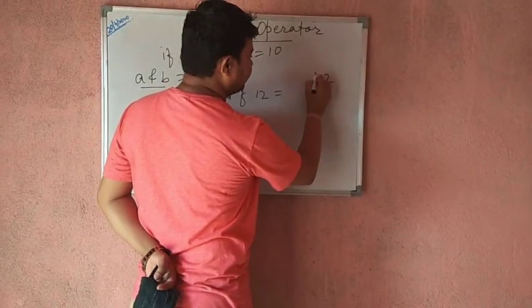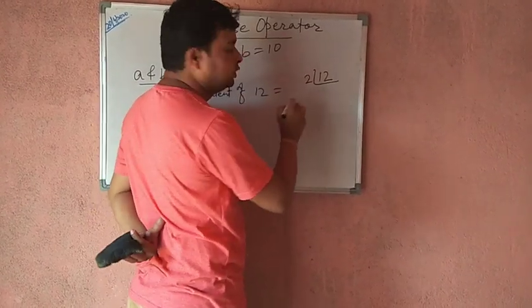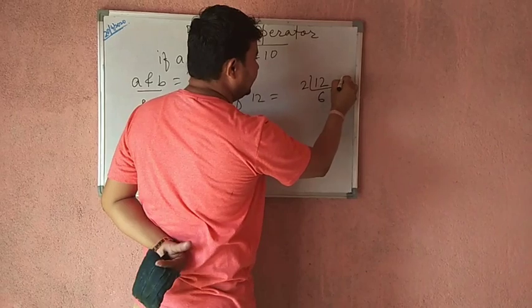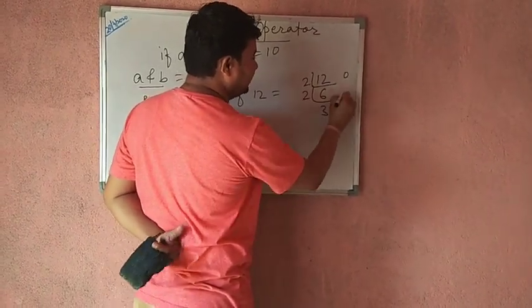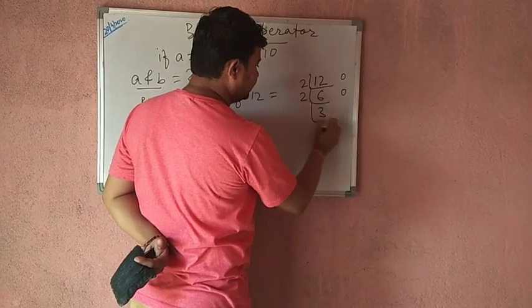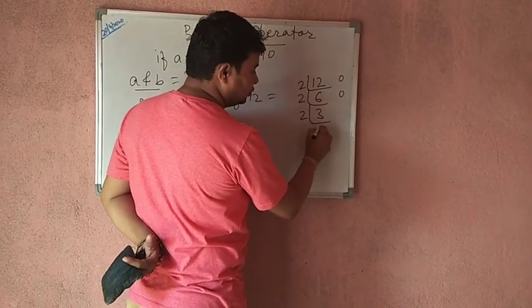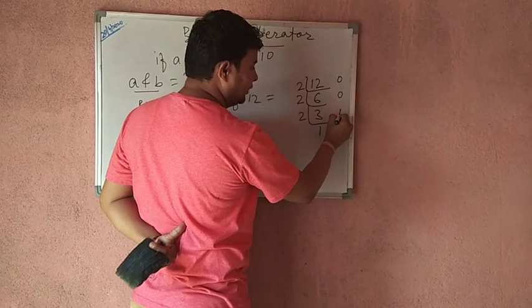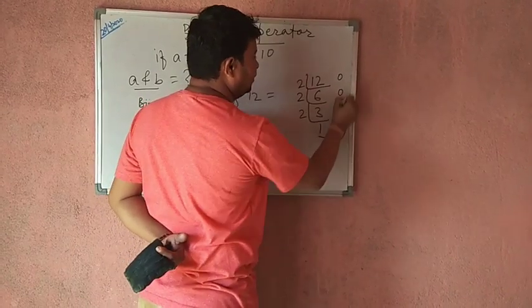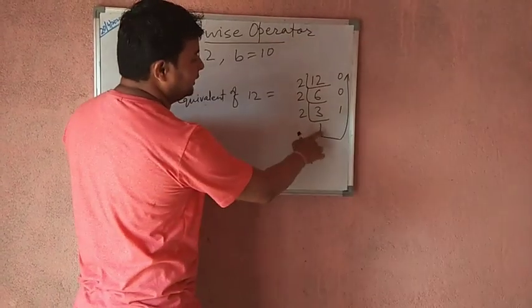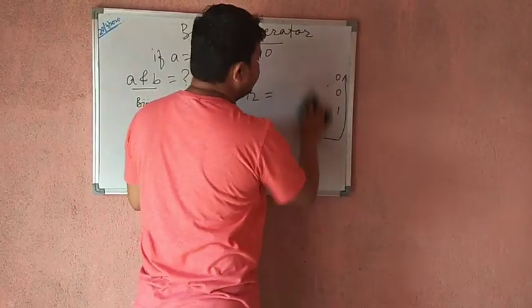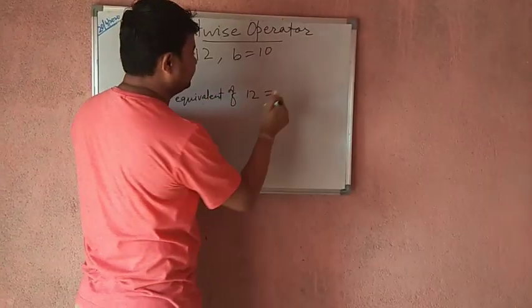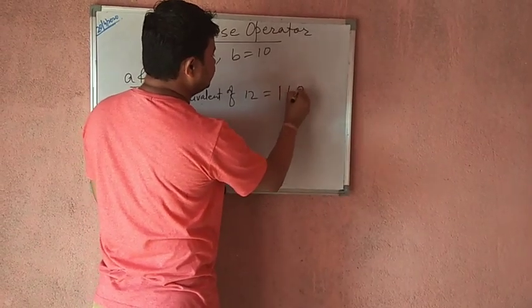Let me tell you. 12 divided by 2. 2 6s are 12, remainder you write here 0. 2 3s are 6, remainder 0. 2 1s are 2, remainder 1. From here, from down to top, you take: 1 1 0 0. So it will be 1 1 0 0.